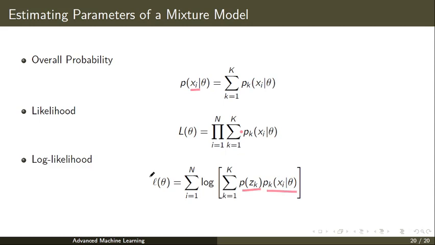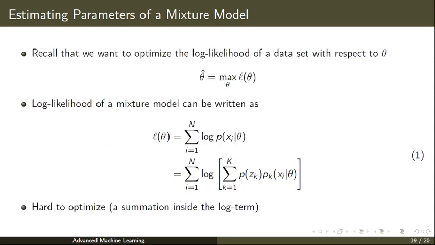This is really tough because there is a summation inside the log, and optimization of that will be very hard. It's solvable but very hard, and it's not only because mathematically this is hard, with a summation inside a log term.